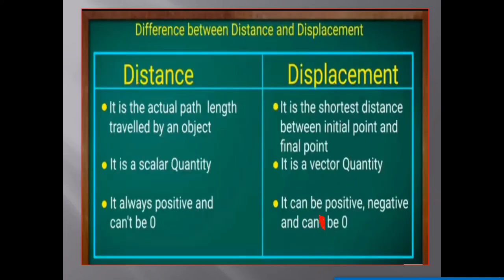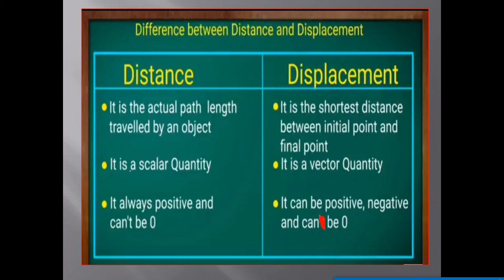Let us recap the differences between distance and displacement. As I said, distance is nothing but the actual path length travelled by an object, and displacement is the shortest distance between the initial point and the final point.